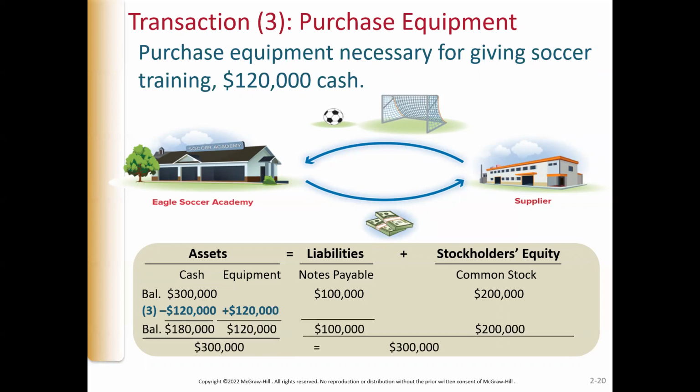So guys, this particular transaction only affected assets. One asset went up 120,000. One asset went down 120,000. But do we still balance? Do our assets still equal our liabilities plus our stockholders' equity?